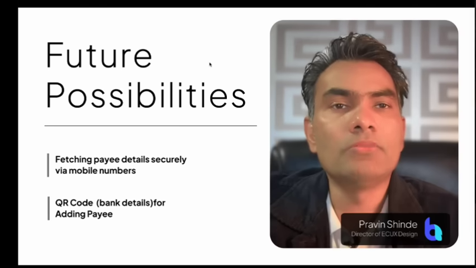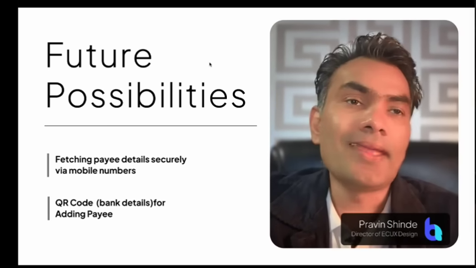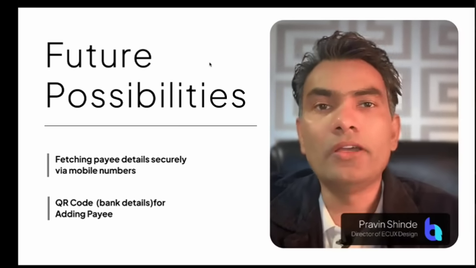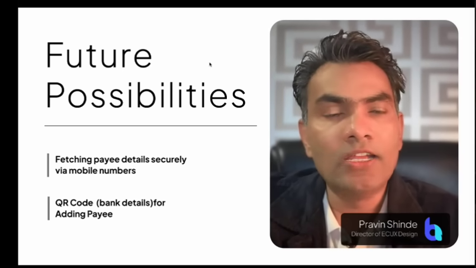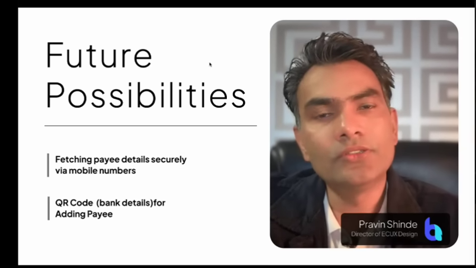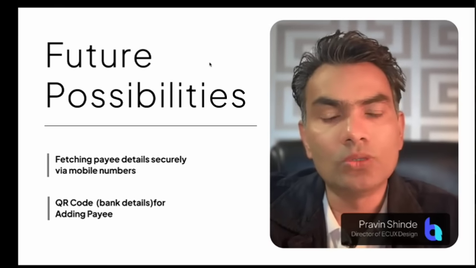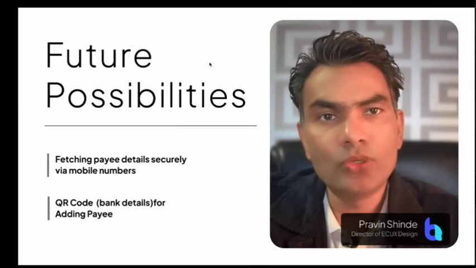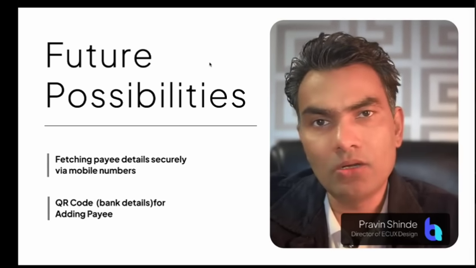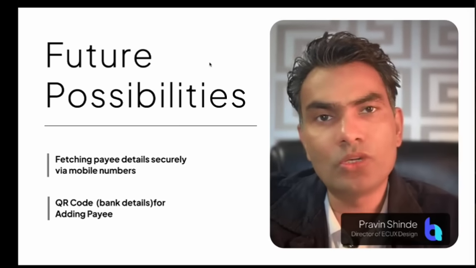I can just share my QR code of my bank details. They can see the QR code, but they cannot read my bank details, that is, my whole account number, my whole IFSC code or any other detail. They just see my QR code. And when they want to add me as a payee in their bank account, they will just scan my QR code, or upload it to their bank app.